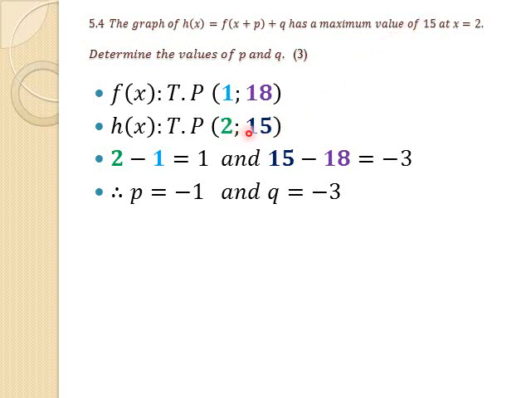So (2, 15). To get the values of p and q, I subtract my turning points: 2 minus 1 gives me 1, and 15 minus 18 gives me negative 3. Remember, p always changes sign when it goes in the equation, so p equals negative 1, and q equals negative 3. Right, and that concludes that exam question.